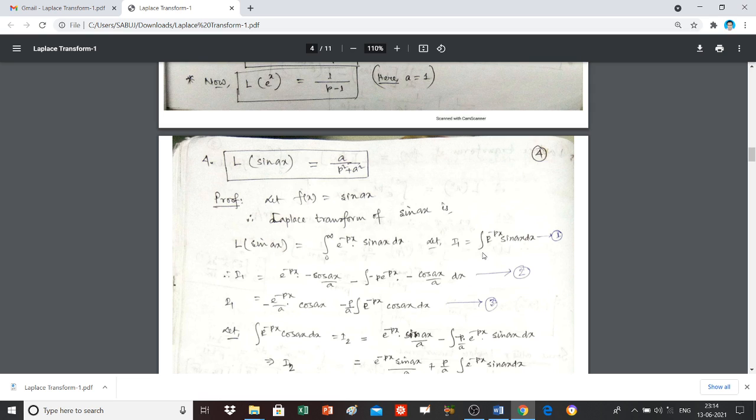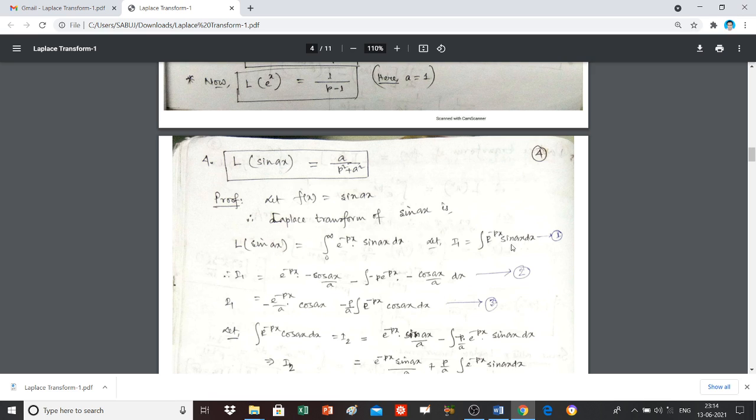So in that case, your e to the minus px is first taken as the first function, then integrate sin ax dx, that will give you minus cos ax by a. Then minus, differentiate this term e to the minus px, that will give you minus p e to the minus px.